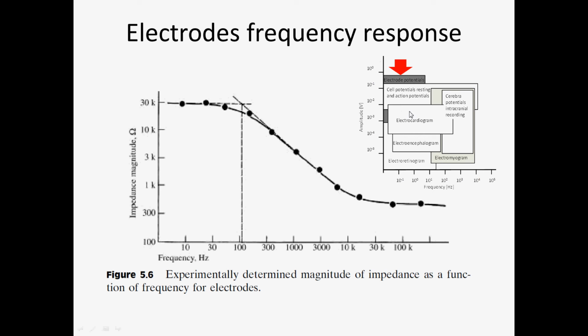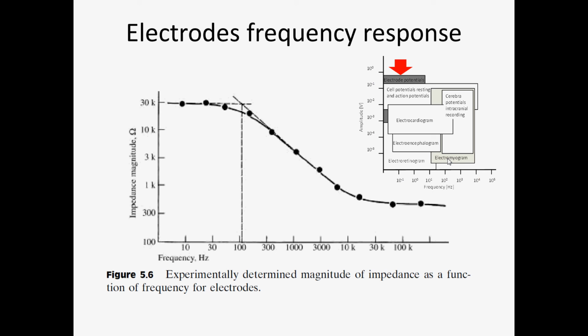And in terms of frequency, if I'm doing some electromyogram from the muscles, probably I will not care about my choice of electrode. That is the reason why sometimes electromyogram electrodes are just rubbery patches with or without gel, or sometimes stainless steel needles.